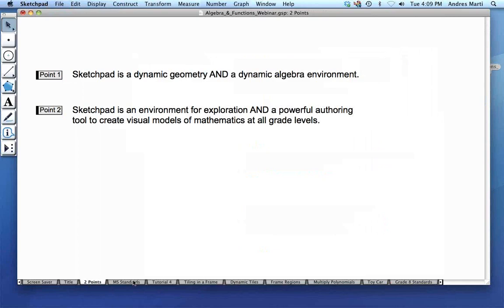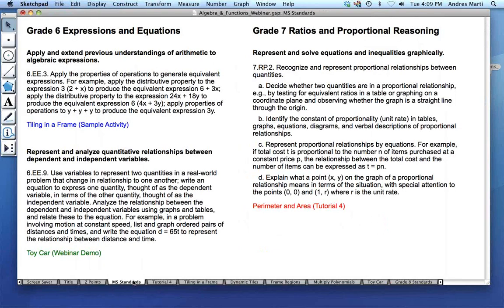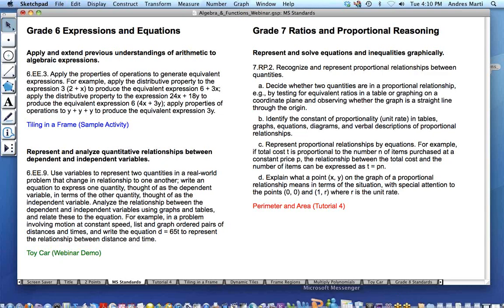And so here let's start talking standards. So I'm going to kind of break this into three parts today. I'm going to first focus on some set of standards around algebra and functions in grades 6 and 7 to start. And then I'm going to switch over to some standards in grade 8 and then go to high school.